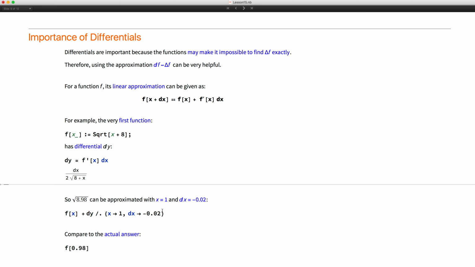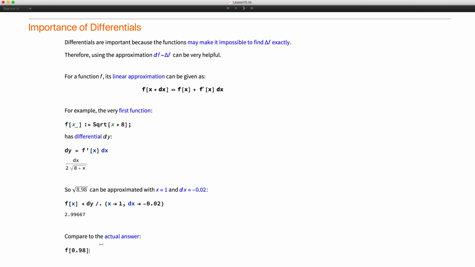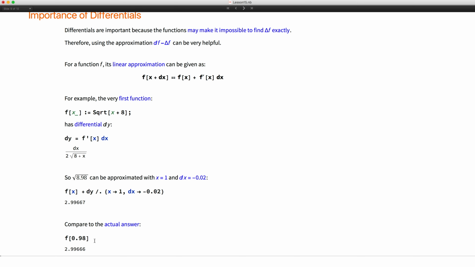You plug in a value of negative 0.02 for dx, and then you see that it's pretty close to the value of the function at 0.98. So the point is that differentials are just another way of talking about linear approximations.